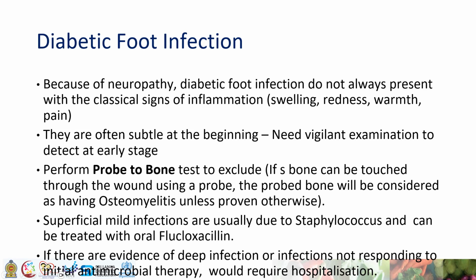Superficial mild infections are usually due to Staphylococcus and can be treated with oral flucloxacillin. If there are evidence of deep infection or infections not responding to initial antimicrobial therapy, this would require hospitalization.